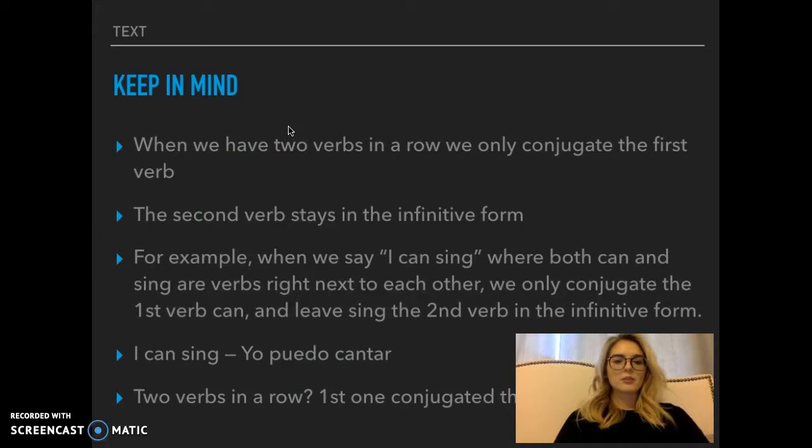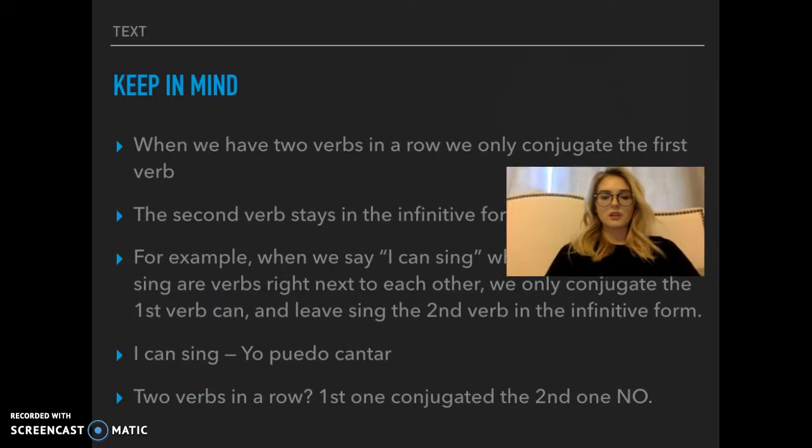So a few things to keep in mind, and this you'll definitely want to make note of. When you have two verbs in a row, we only conjugate the first verb. The second verb stays in the infinitive form. For example, when I say I can sing, where both can and sing are verbs right next to each other, we only conjugate the first verb and leave the second verb, cantar, in the infinitive form. So, the example, I can sing, yo puedo cantar.